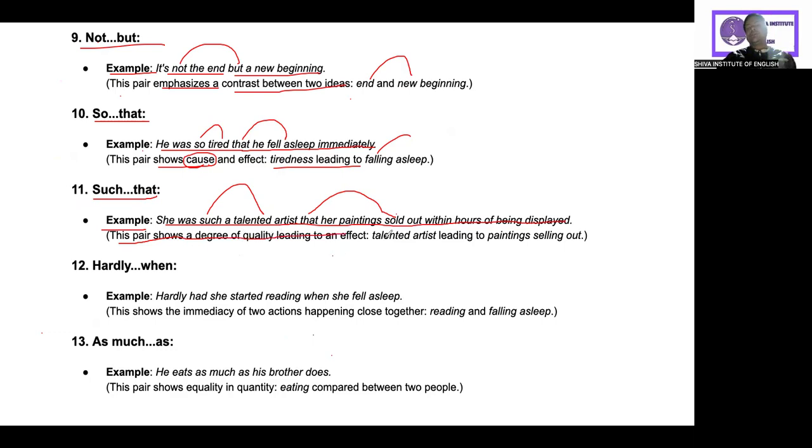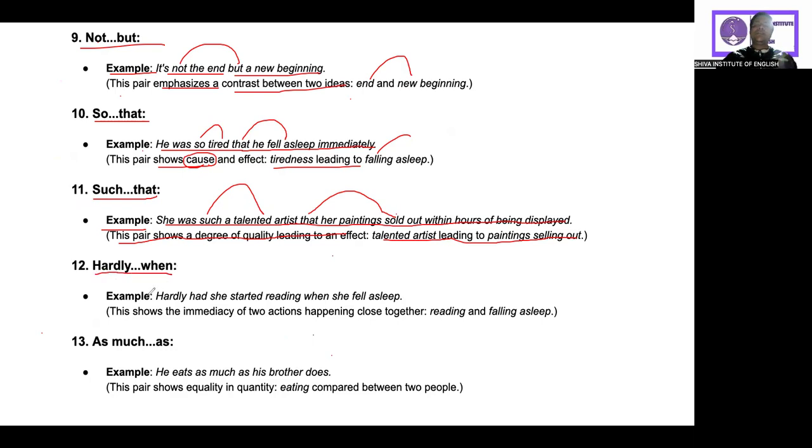A talented artist leads to paintings selling out. "Such a talented" indicates a degree, and "that her paintings" indicates the effect, an explanation or conclusion.